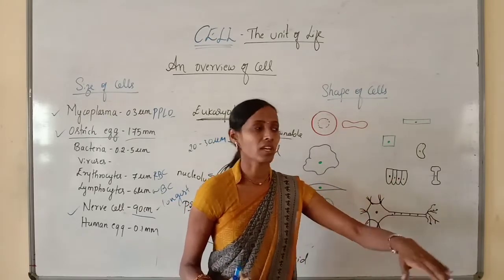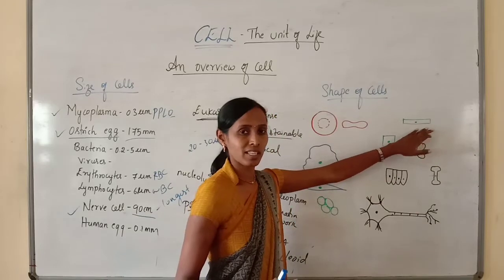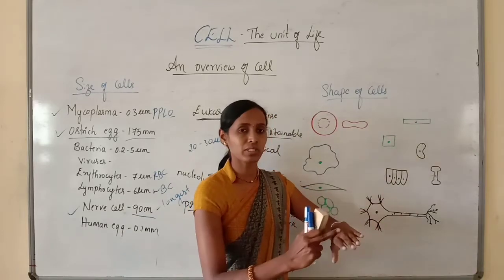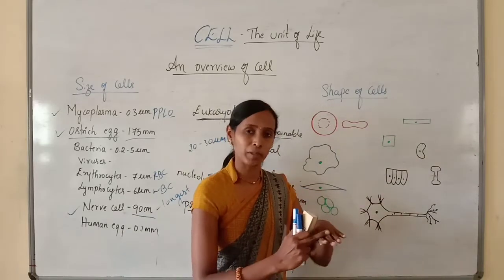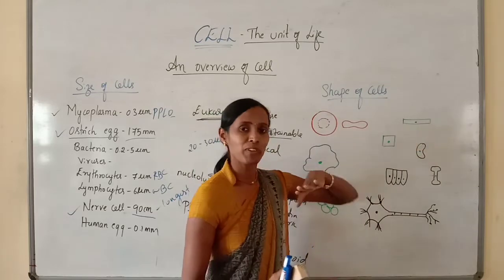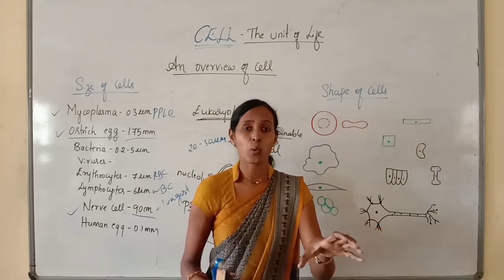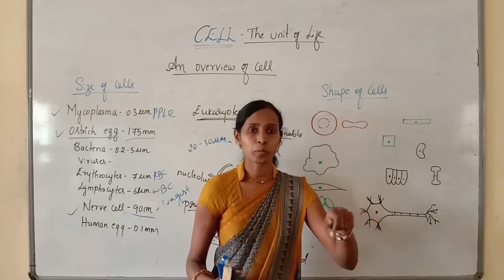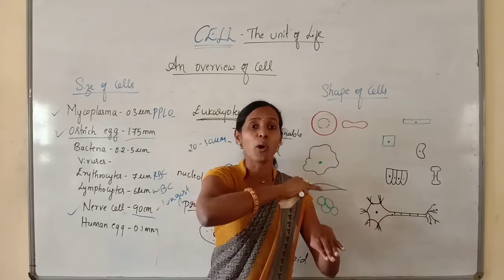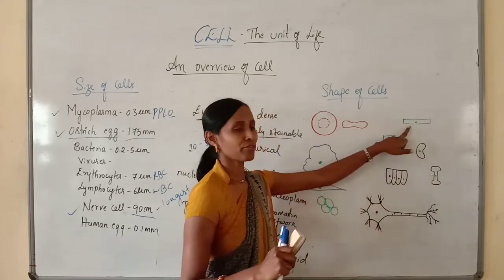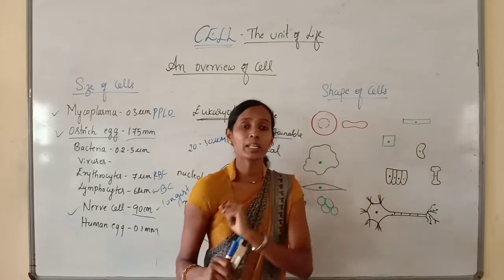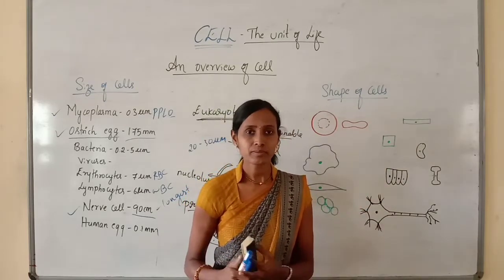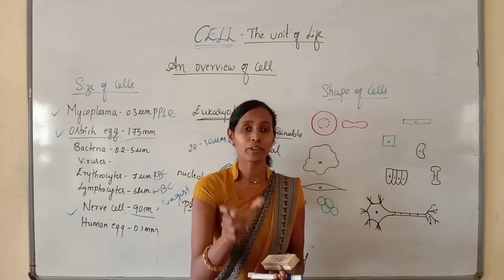Even in our skin, the outermost cells are epithelial cells and they are usually flattened. That is how it depends upon the position. As they are present on the outermost surface, they are flattened. Then how does shape depend upon the function?